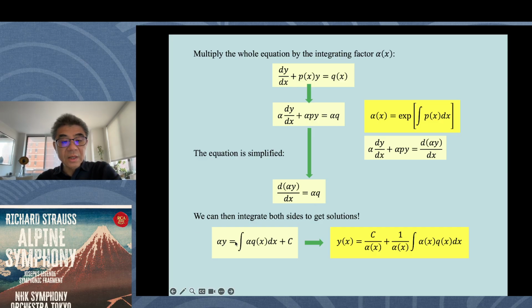Then alpha y will be equal to the integral of alpha q plus c. Then move the alpha to the right-hand side. y has been solved. y equals c over alpha plus 1 over alpha times the integral of alpha q. Remember, this alpha in the denominator actually comes from here.